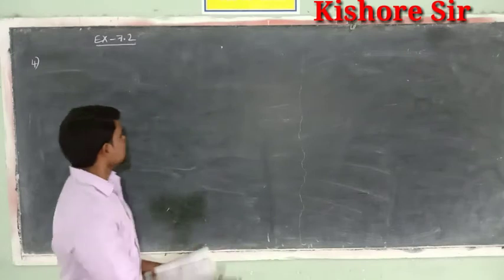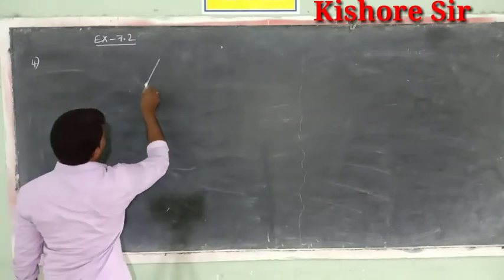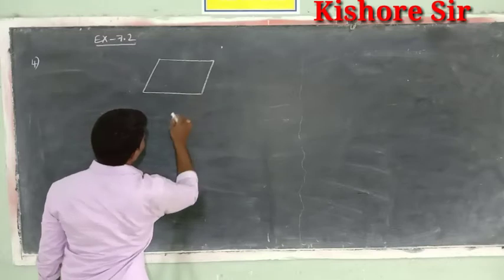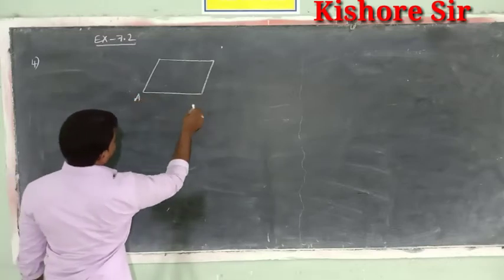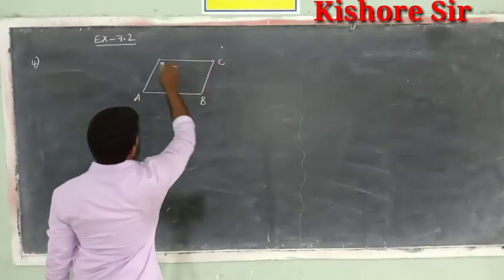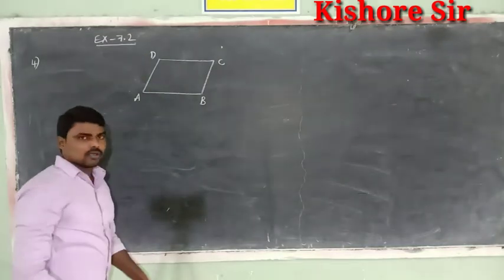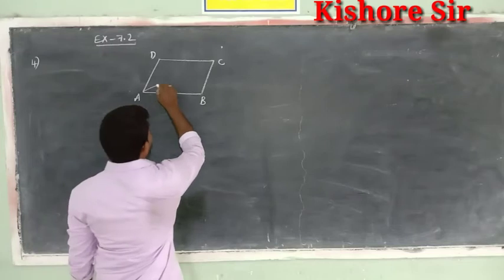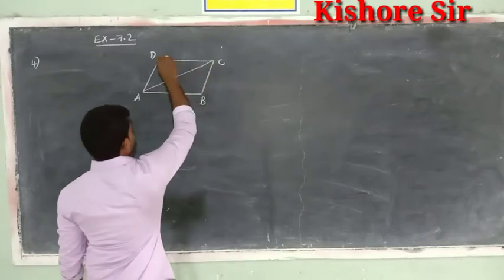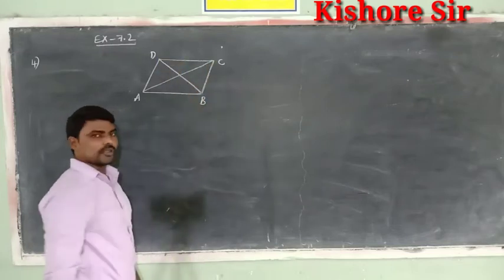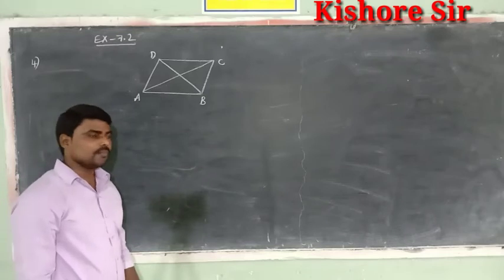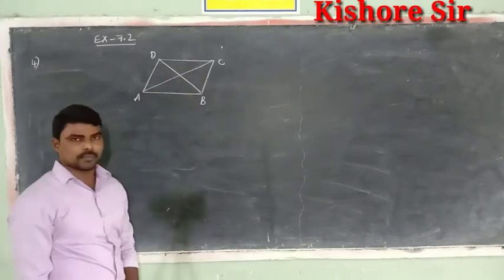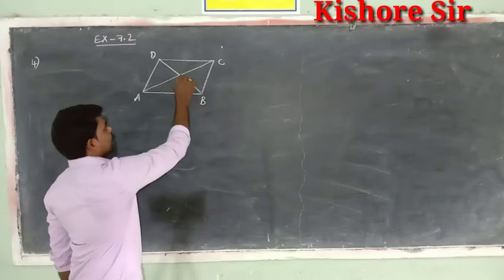So first draw a parallelogram. Take 4 points as A, B, C and D. We know that in a parallelogram the diagonals bisect each other.